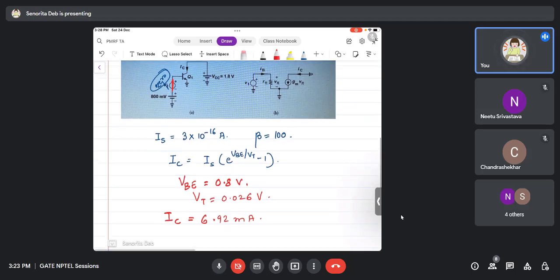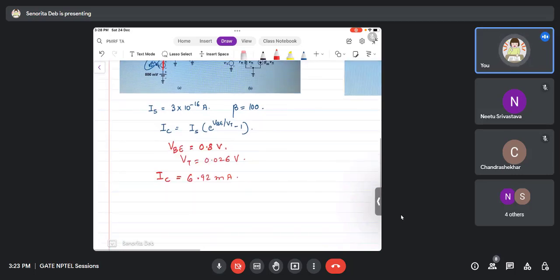Okay. So, now what you do after this, why we found IC? We need to find GM. So, GM was IC upon VT, 6.92 milliampere upon 26 millivolt.